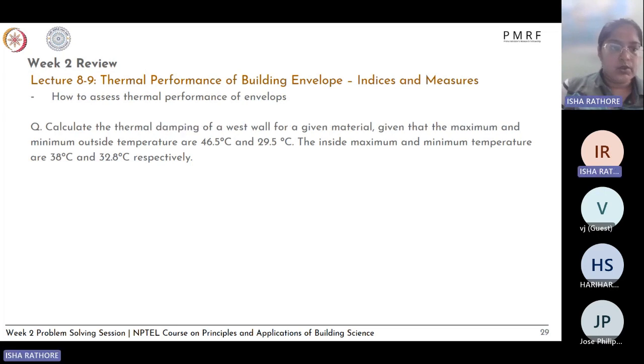Okay. So next we look at the calculation of thermal damping for the same wall. The maximum and minimum values for inside and outside temperatures are the same. So you just have to calculate thermal damping.